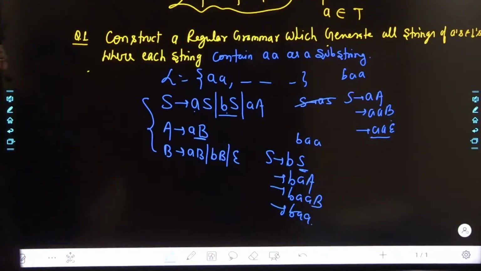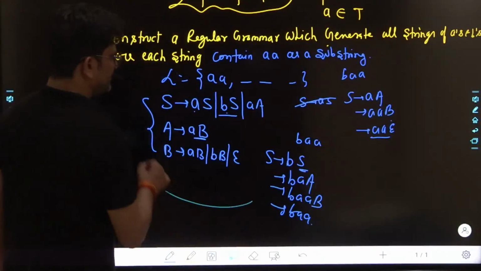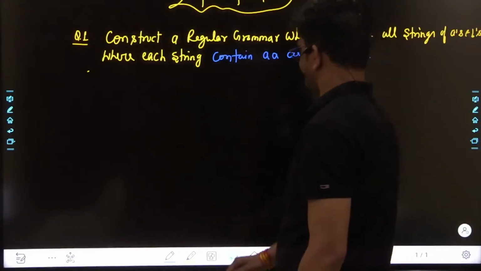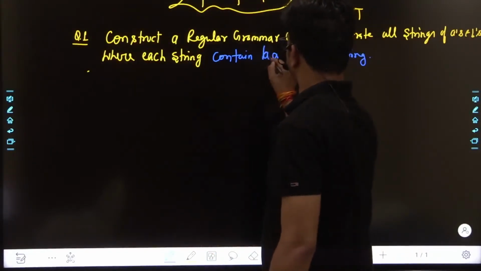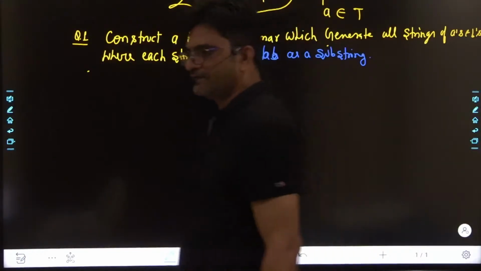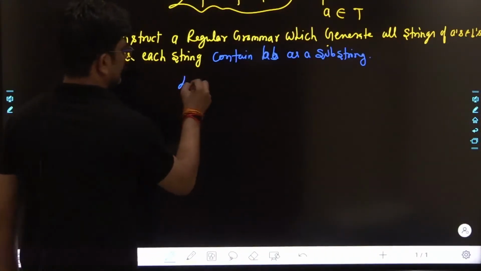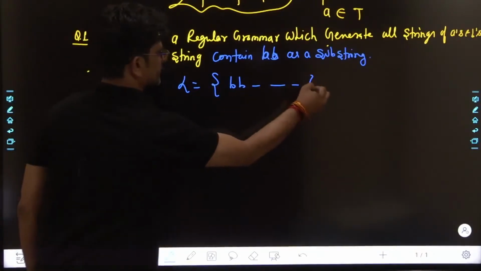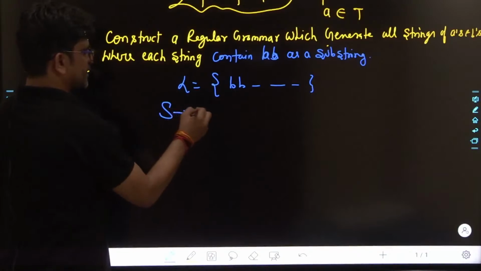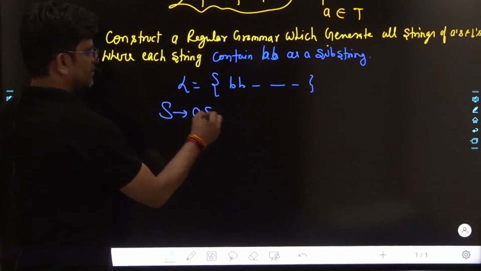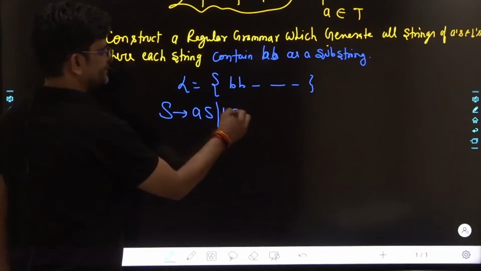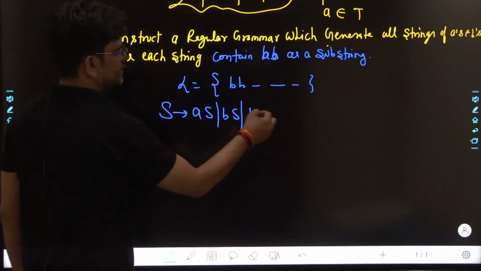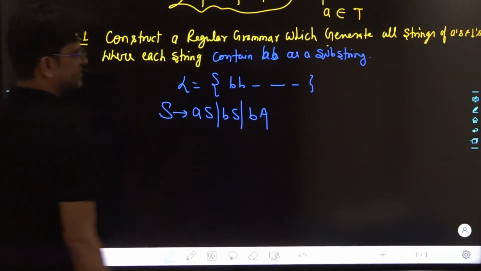Now, next question. If BB is a substring, then what will happen? The language contains at least double B and many more strings. So the string starts with A or starts with B, and it generates double B. So we use here another production, BA.